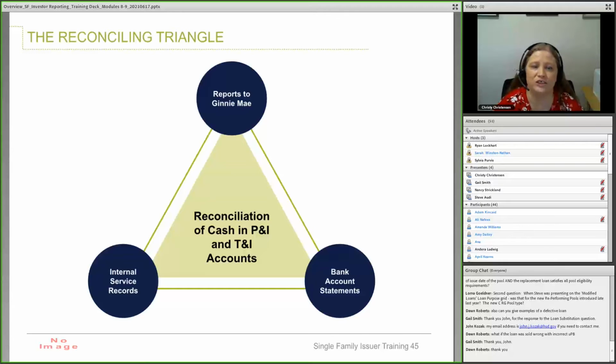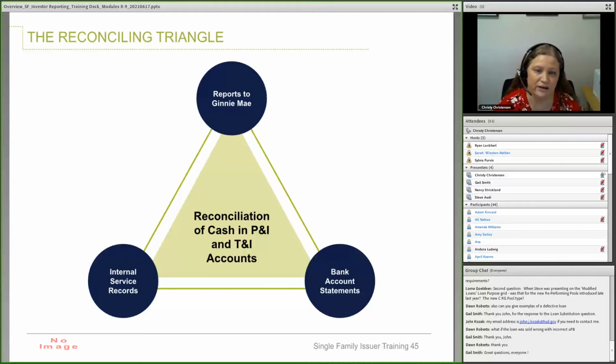Reconciliations of cash and P&I and T&I accounts consist of your bank account statements, your internal servicing records, and the information you have reported to Ginnie Mae for your monthly activity, the totals of which are on the summary screen in RFS.